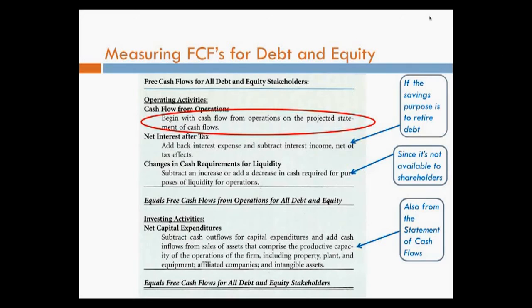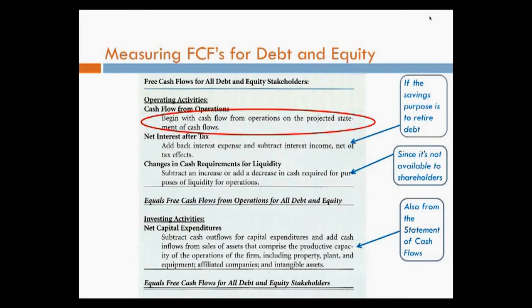Then you look at your changes in cash requirements for liquidity. If you need more liquidity, or don't need as much liquidity from year to year, you have a change in that requirement, and you subtract that out and add it back in.